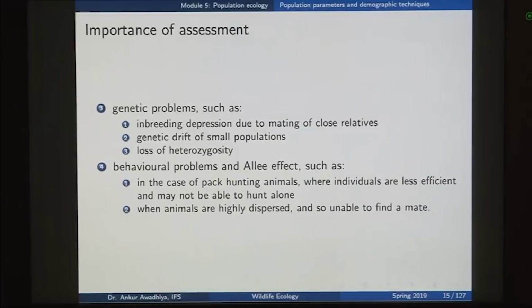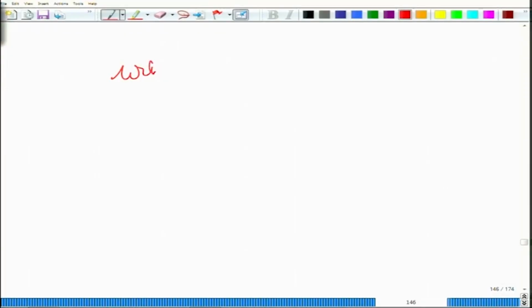For instance, in the case of pack hunting animals, individuals are less efficient and may not be able to hunt alone. A very good example is the wild dogs. When the group goes out for hunting, some animals remain back with the young ones to protect them.